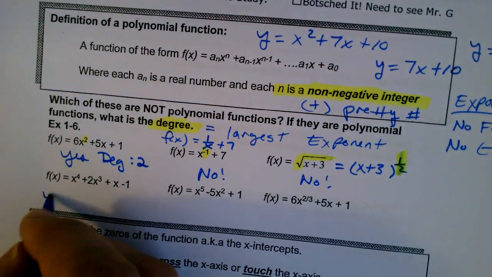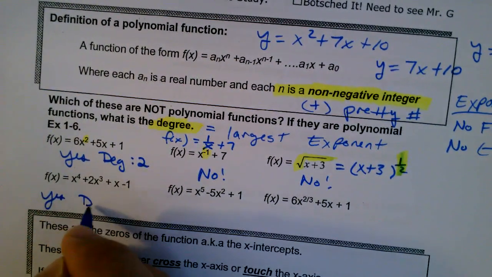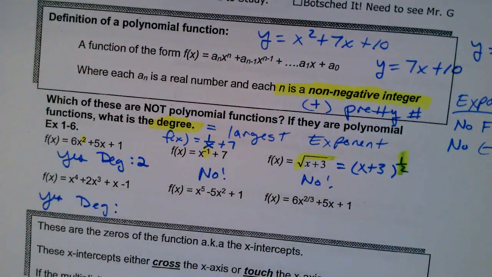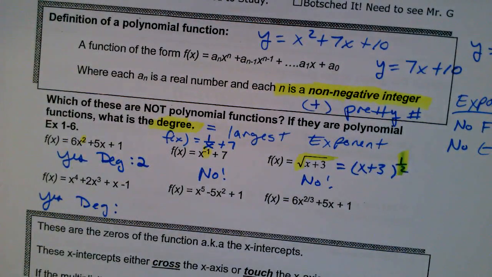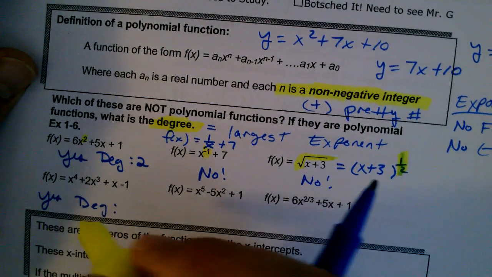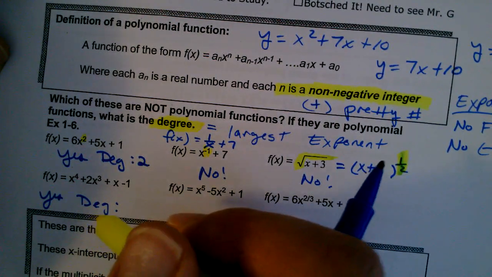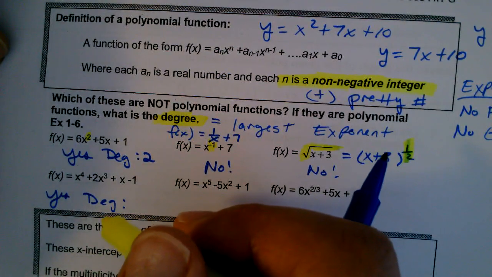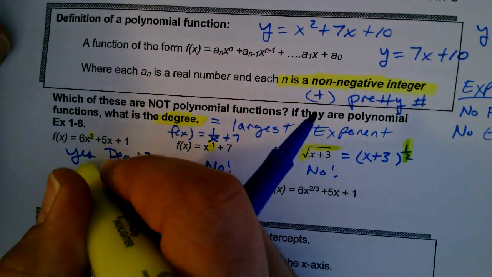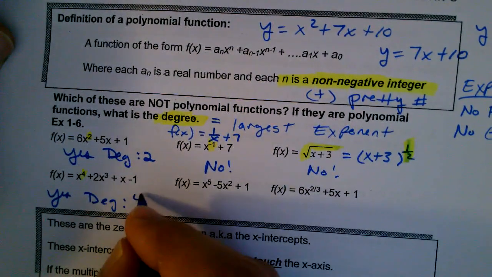Yeah. That is definitely yes. And then degree, what's its exponent? Largest exponent. What do you guys see? Largest exponent is a 4. A 4. Fantastic. Okay.